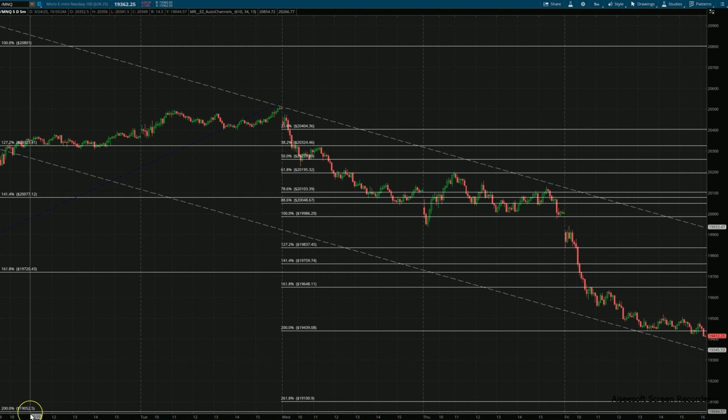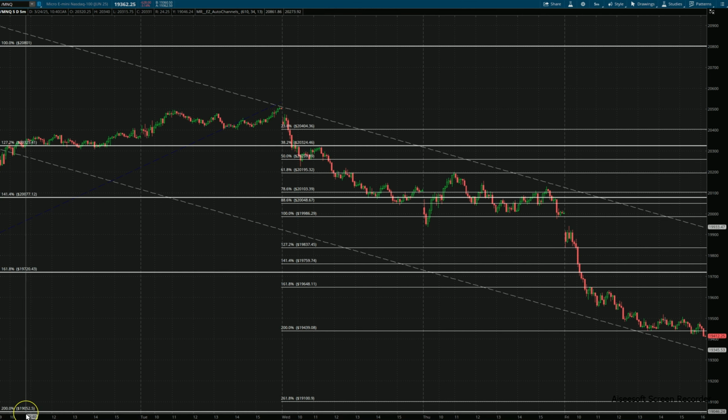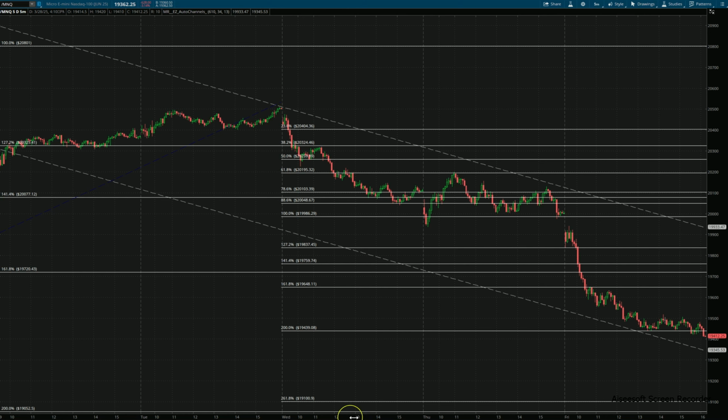We have the 200% on the daily at 1952. So you got a nice little buffer here, a little area of support based on confluence, I think. Not total. The lines are not totally on top of each other. But you know what? It's an area to really be looking at.